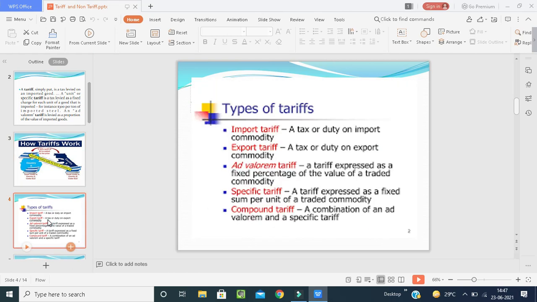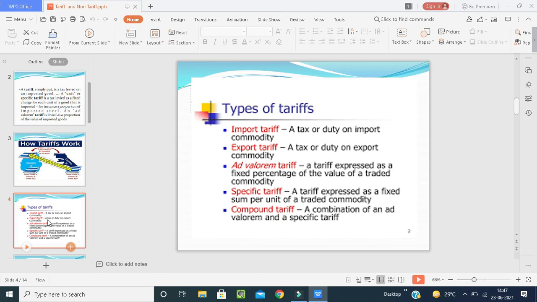Next, types of tariffs. The first one is import and export tariff, where goods can be imported and exported. Tariffs are often classified on the basis of the direction of product movement, that is imports and exports, with the latter being less common.